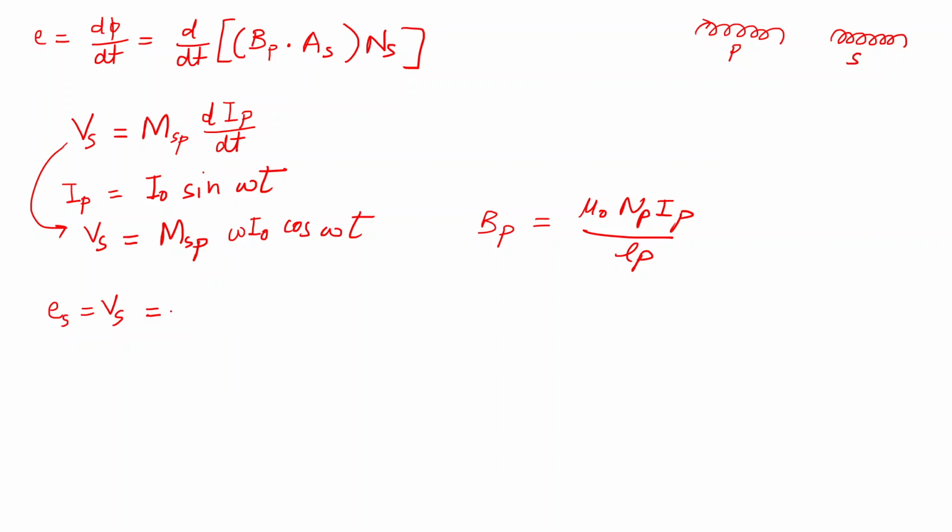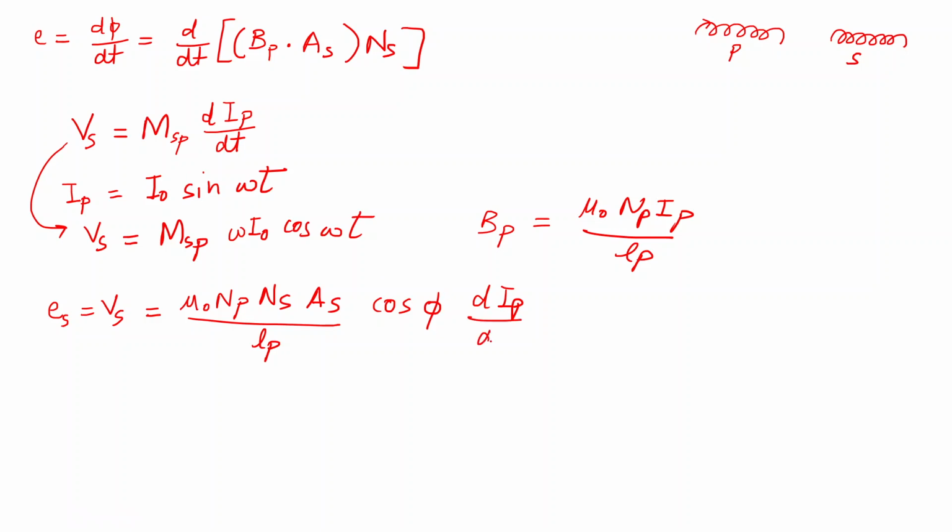When we substitute this and take the derivative, the final thing we get is mu naught NP NS AS divided by LP, times cos phi and dIP by dt.